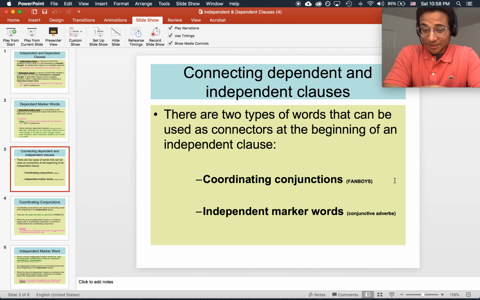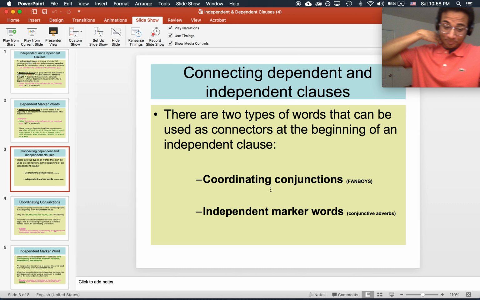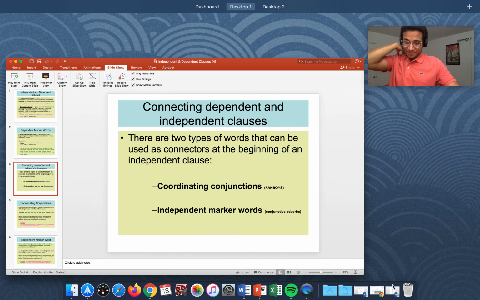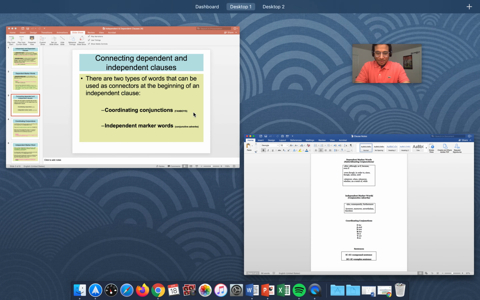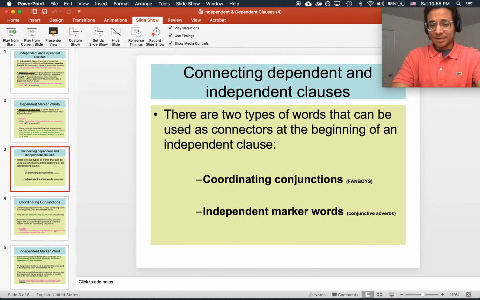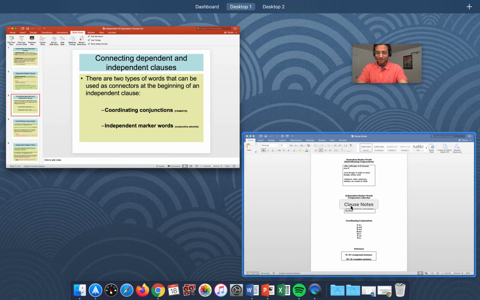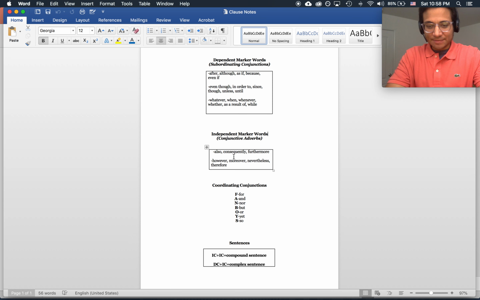You can either use what's called FANBOYS, coordinating conjunctions, which, if you look at your worksheet, is simply an acronym for for, and, nor, but, or, yet, so. Or you can use what's called independent marker words. Here are some examples of independent marker words: also, consequently, furthermore, however, moreover, nevertheless, therefore.